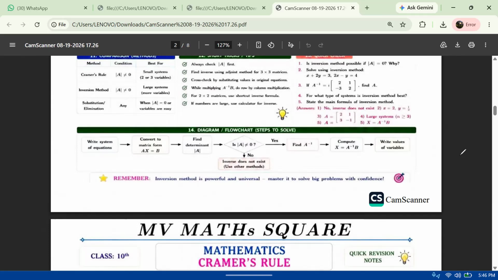After that, I have taught you symmetric matrix. I said that if you take the A transpose and you get the same matrix A, we can say that A is symmetric. If I take the A transpose and we get minus A, we will say that it's a skew-symmetric matrix. And then I have taught you the transpose of a matrix, symmetric and skew-symmetric matrix, and then the determinant of a 2 by 2 matrix, and after that I have taught you how you can find the determinant of a 3 by 3 matrix.